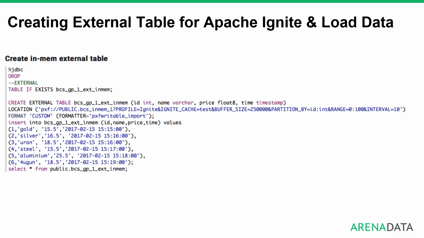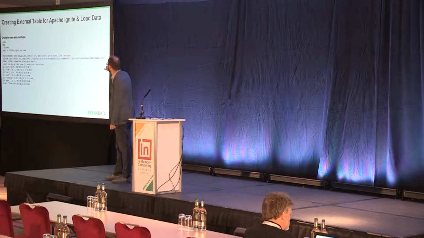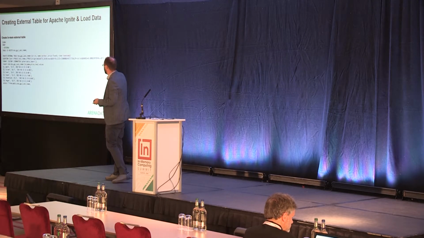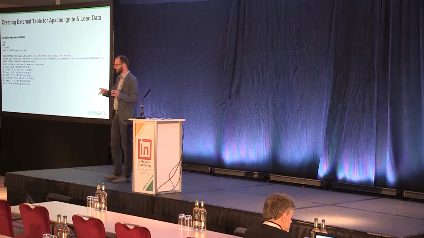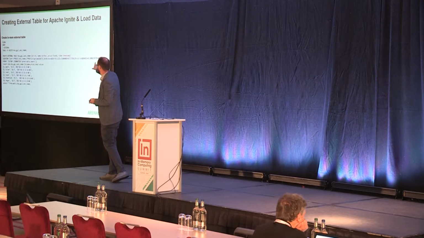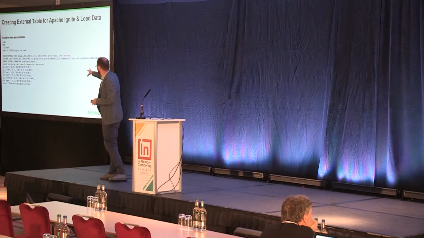In the second example, the second table, we're creating a writable external table inside Greenplum, which creates the in-memory cache in Apache Ignite with the configuration I showed you before, with the appropriate cache name and buffer size, and we added the feature of creating partitioning. This partitioning is by ID in range 10, so it's 10 partitions. And we just insert the data from Greenplum to Ignite and query the data.